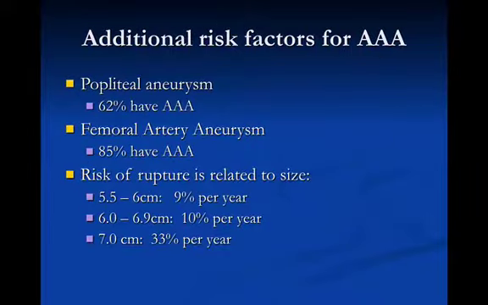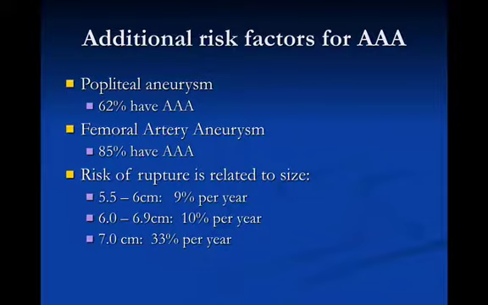The reason why I bring this up is this guy needed definitive treatment, but if ever you see an aneurysm elsewhere, this is a huge risk factor for an abdominal aortic aneurysm. If somebody has a popliteal aneurysm, 62% of them also have an abdominal aortic aneurysm. Femoral artery aneurysm, 85% associated with an AAA.